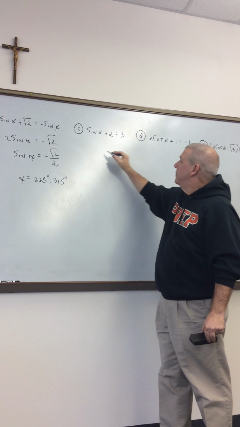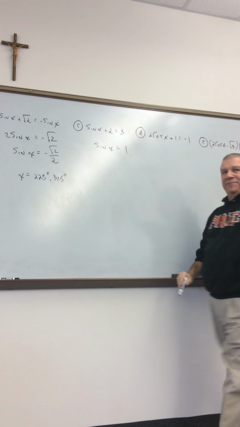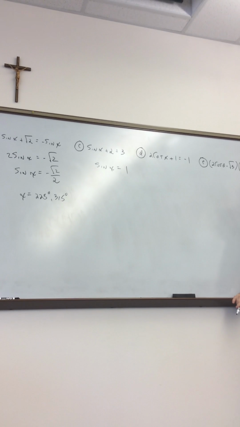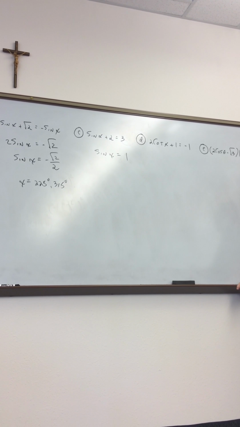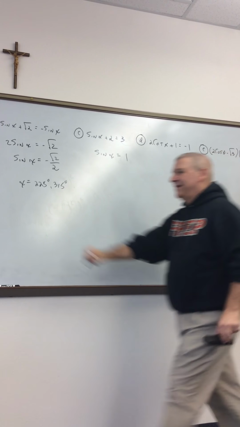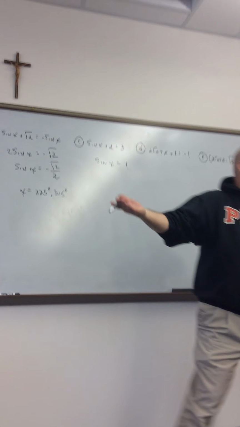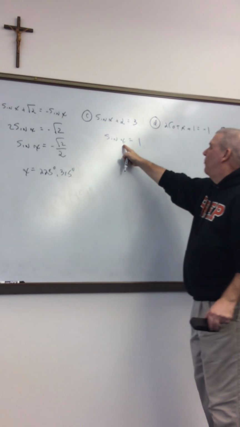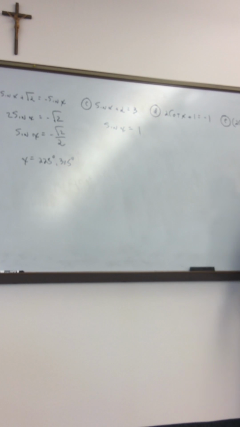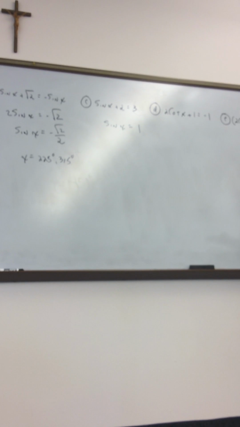Maybe sine of x equals 1. Now, hold up for a second. What about this one? It's not any of those. You should already know this. This is saying the sine of what angle equals 1. What kind of angles does this apply to?